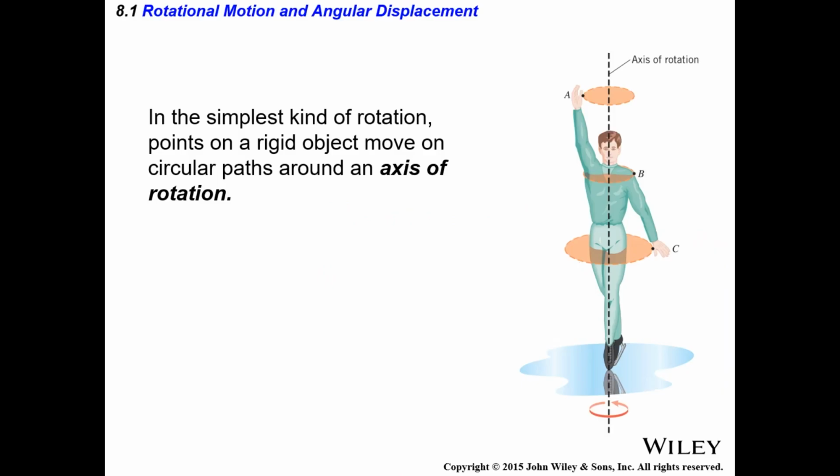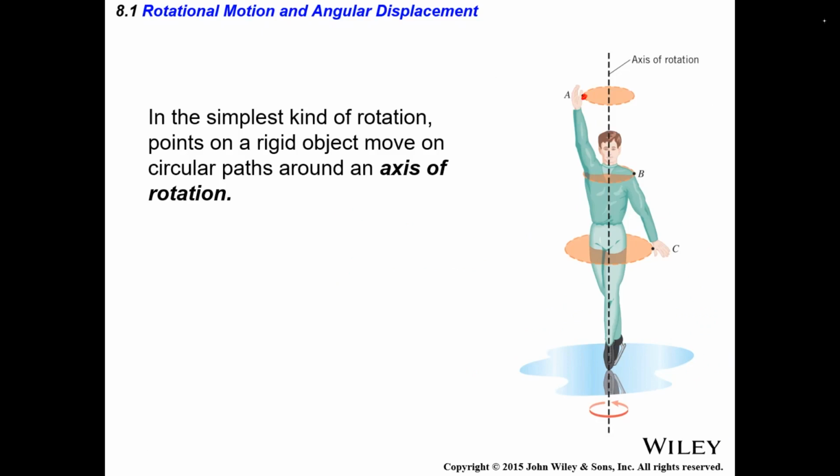So here is our simplest case of rotation. Points on the rigid object move on circular paths around an axis of rotation. So if you look at point A here, it's moving in a circular path around the axis of rotation, which is this vertical line passing through the center of the object.